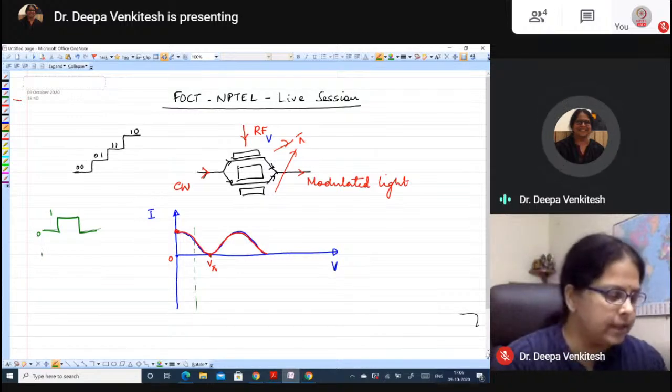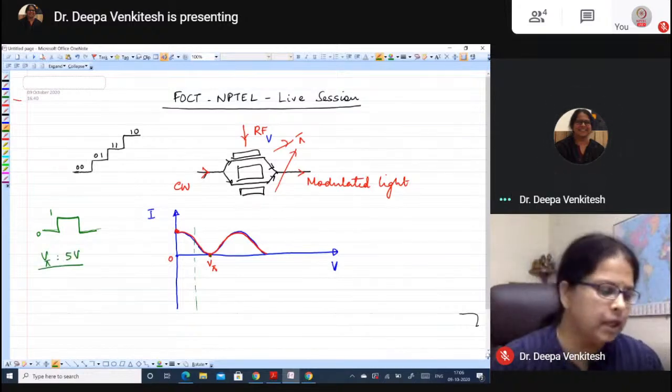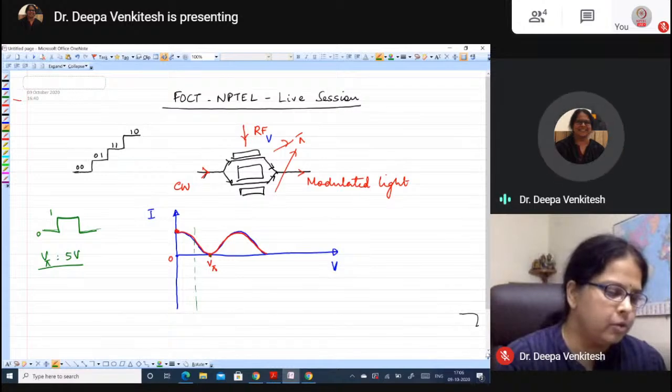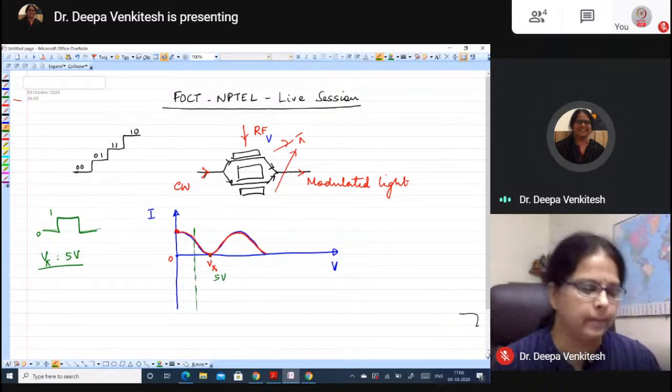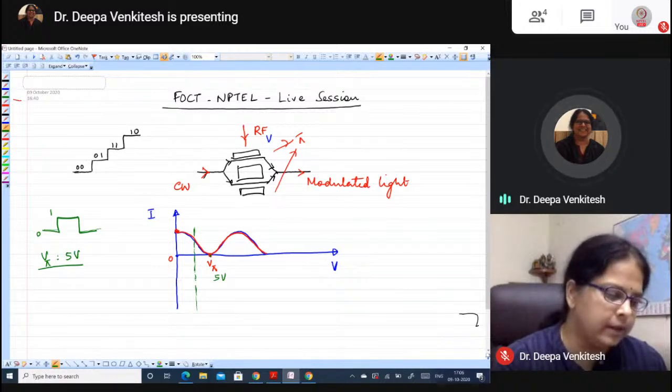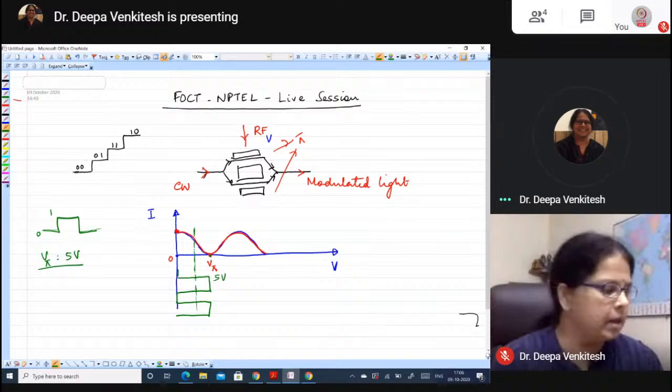Let's say that V pi is 5 volt. Then you bias the modulator somewhere. If V pi is 5 volt and this is 0 volt, you bias it at the midpoint, 2.5 volt. You give a level 0, and instead of 1, you give 5 volt. This is how you would apply your input.